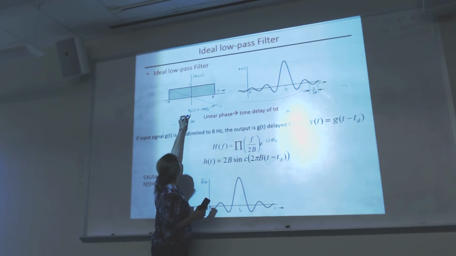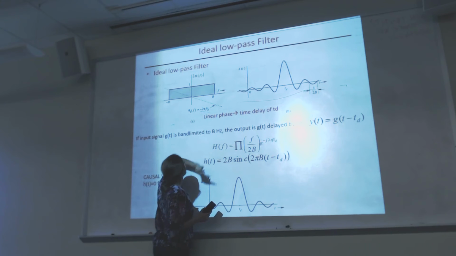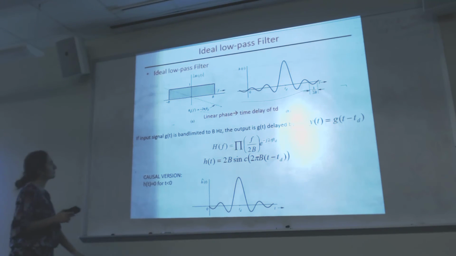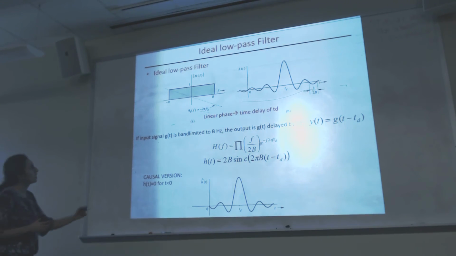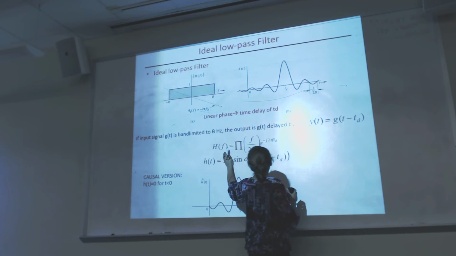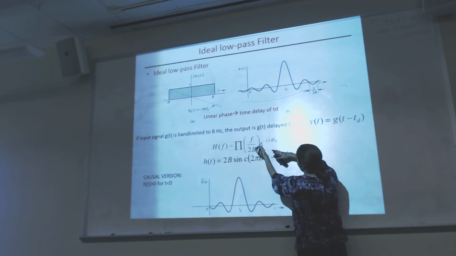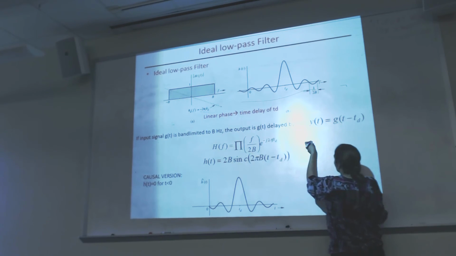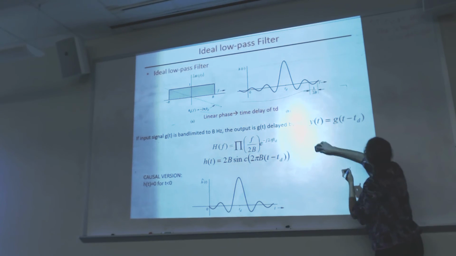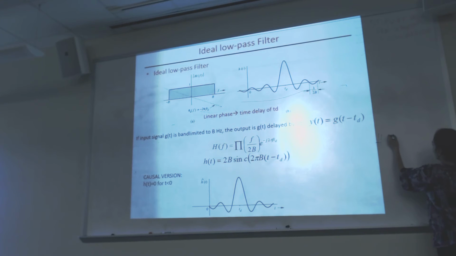Theta_H is a linear phase, minus 2 pi f t. So for my H(f), this is the magnitude and this is the phase, so I can write H(f) as the magnitude times e to the power j times the phase.